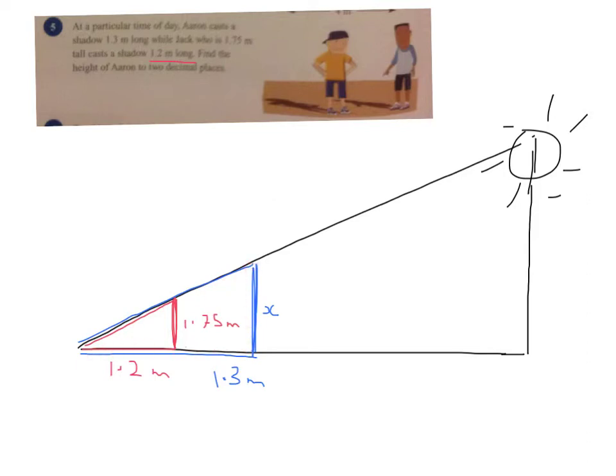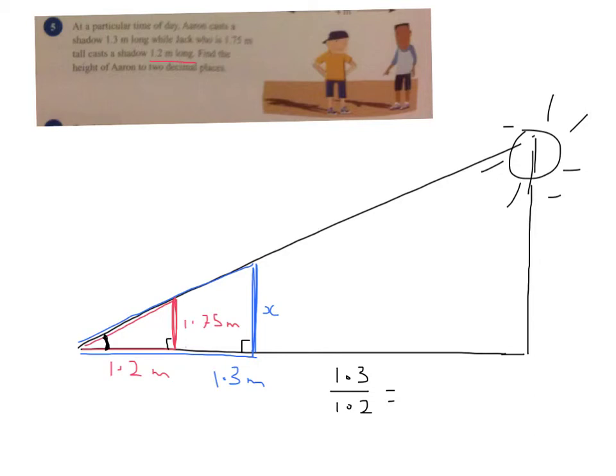We know this angle is going to be the same, and we've got little right angles in there, so we know that they're similar triangles. It's not nice numbers, but we can work out what the ratio is. So our scale diagram, we've got our 1.3 over our 1.2. And whatever that is, that's going to be our scale ratio.